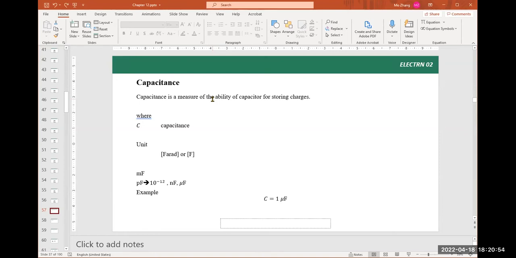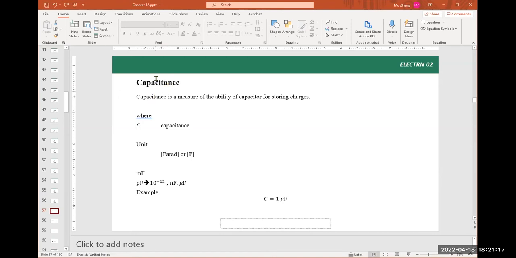Similarly, there is another device called a capacitor. A capacitor is a device that stores charges, stores electrons. How much a capacitor can store, that measurement of capability, is called capacitance.